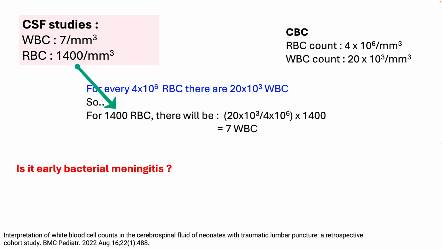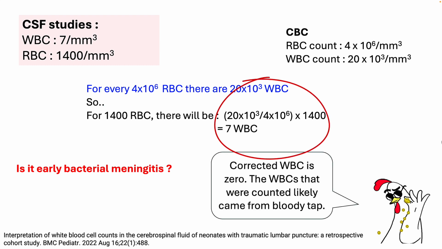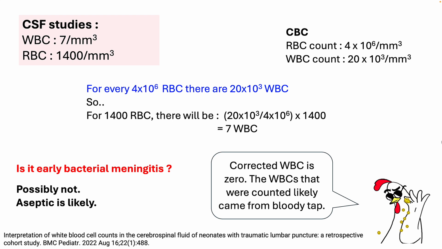So for 1400 RBCs in the sample, there will be around 7 WBC. To correct for this, you subtract 7 from the white cell count in the CSF sample. That gives us 0. So it seems like all the WBCs in the CSF came from the bloody tap, and it would appear that this patient may have aseptic meningitis.